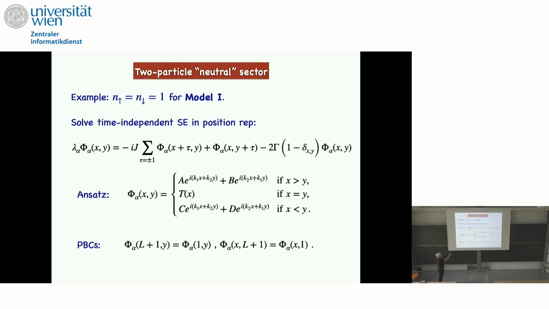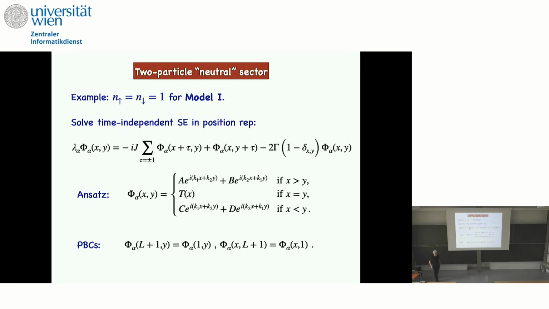So, in order to get to the hydro, what we have to do is the simplest one. We look at the 2-particle neutral sector. And I'm going to show you, because it's my favorite model, how this works for model 1, but you can do exactly the same for all the other models, and we have done it. So if you're interested, I can tell you. What you want to do is solve the time-independent Schrödinger equation in the position representation in the sector where you have one electron with spin up and one electron with spin down.